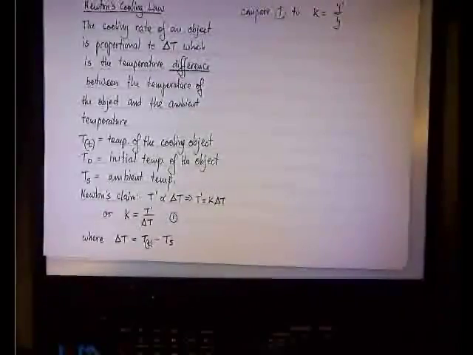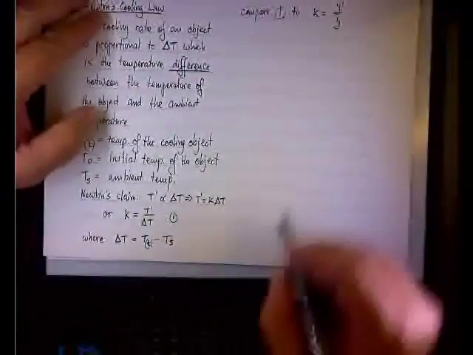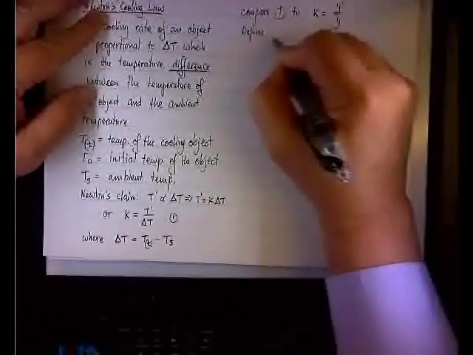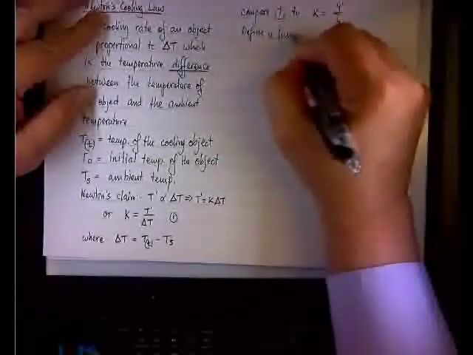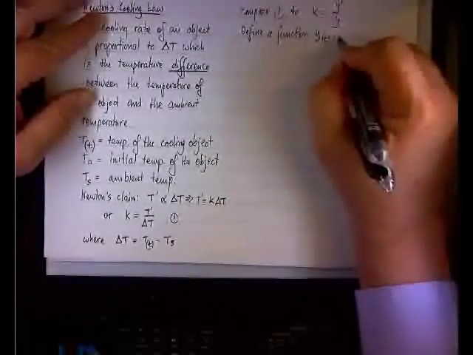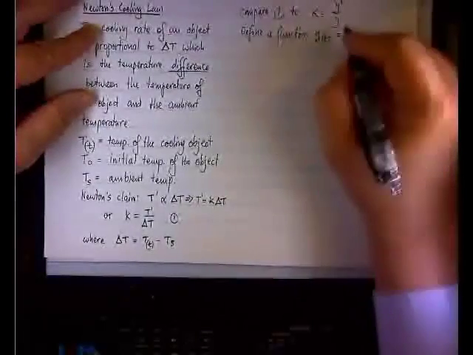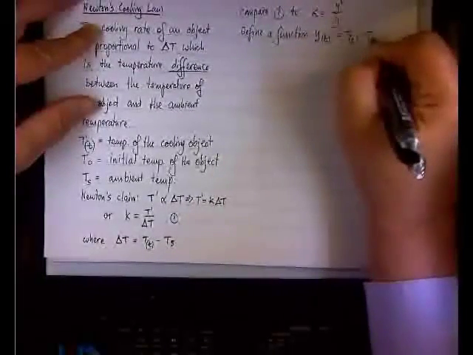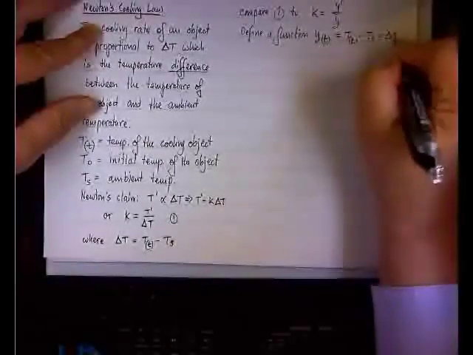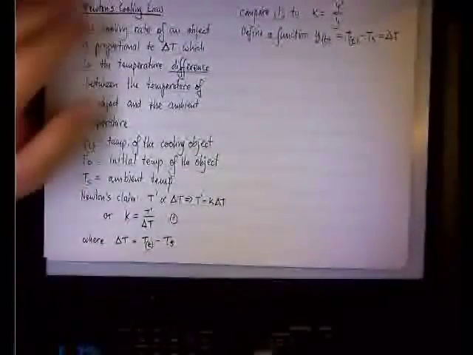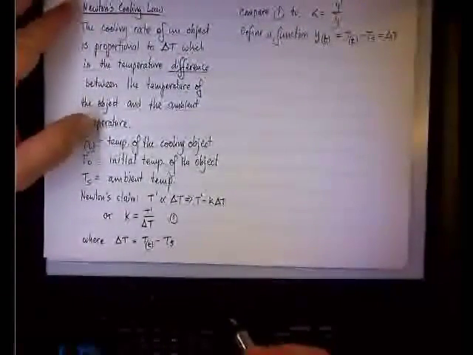We want these to look alike, and in order to accomplish this, we're going to define a new function y of t, and we're going to say that y of t will be T of t minus T sub S, or delta T. Now we have what we had before.